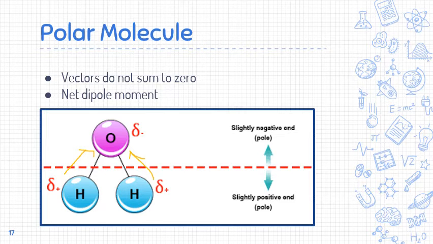And then we're going to add a line perpendicular on the end to show that our positive side is the hydrogen side. So our dipoles, again, are going to point, both of them, toward oxygen, showing that oxygen is more electronegative. So these are not going to cancel out. Instead, we are then having a slightly negative side of this molecule near the oxygen, and then the hydrogens would exhibit a partial positive charge.